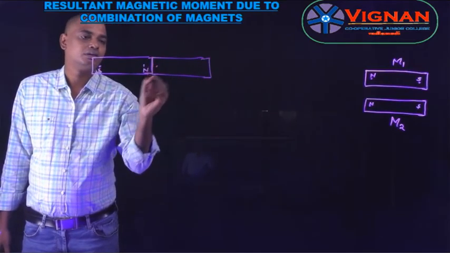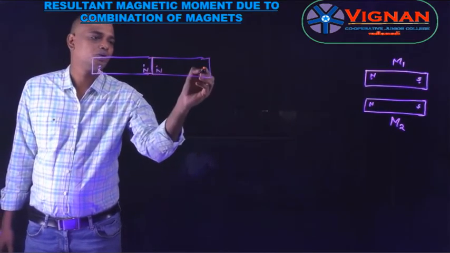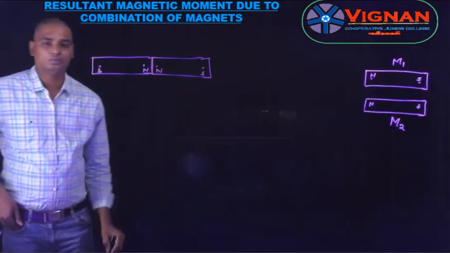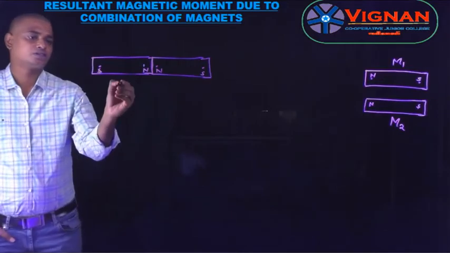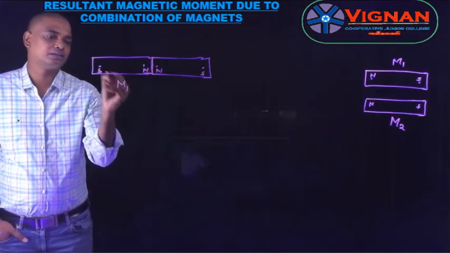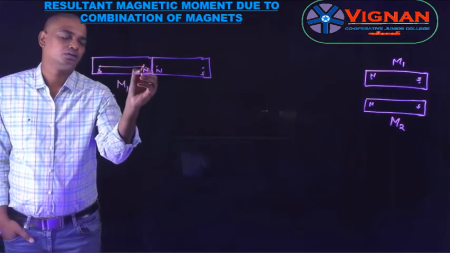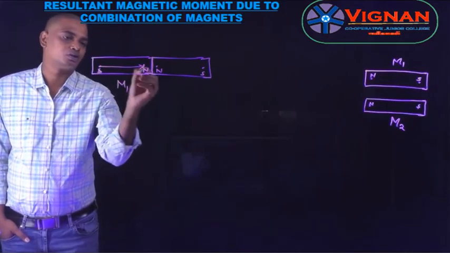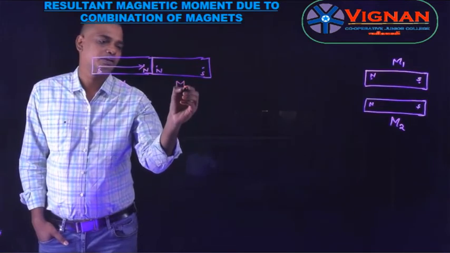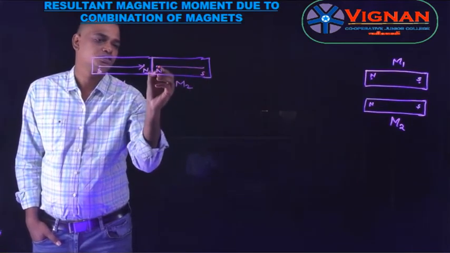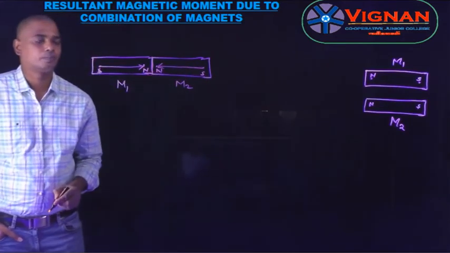This is the first magnet whose magnetic dipole moment is m1 and the direction of the magnetic dipole is from south pole to north pole in this manner, and the second magnetic dipole moment is m2 whose direction is from south pole to north pole.